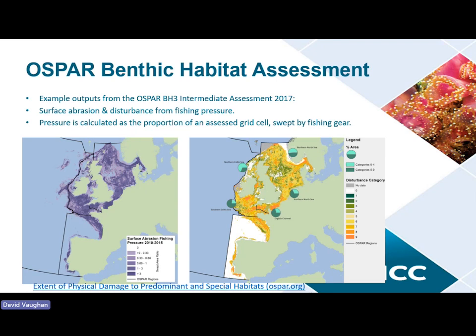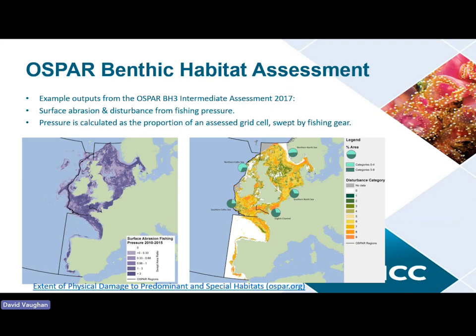CEFAS, one of the Blue Belt partners, help collate this, and it's then sent to ICES as the international body. These are available to interested parties as fishing intensity maps. Fishing is one of the main surface abrasions, so this is essentially our surface abrasion measure. There are lots of other activities that cause abrasion, but at this scale, they are a very small percentage of the total surface area.